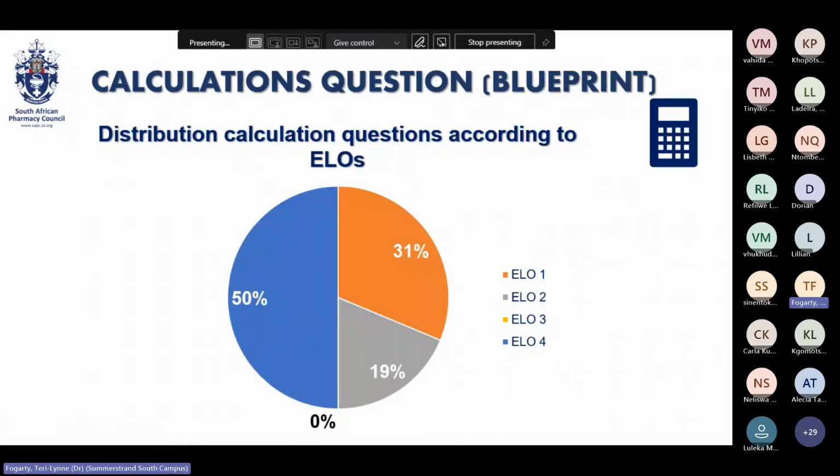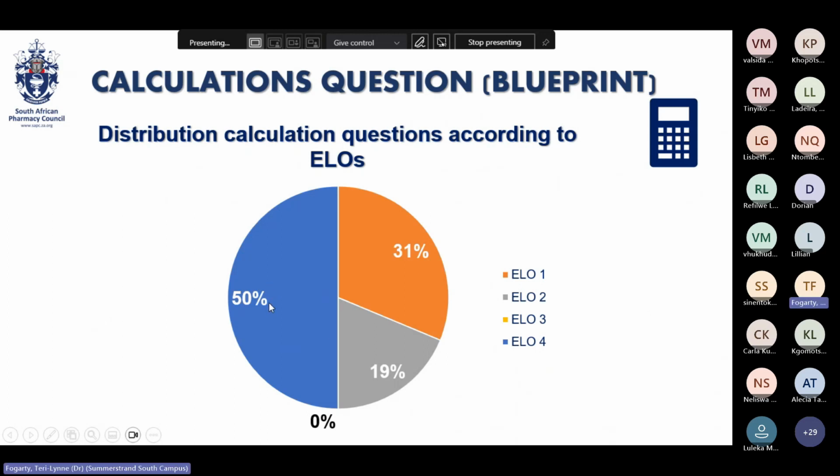Okay, so now we get to the calculation question blueprint. How are the calculation questions distributed within the exam? So we said that there are 16 questions, and you can see that there's a big 50% of those questions, so 8 of the questions, fall into ELO 4.